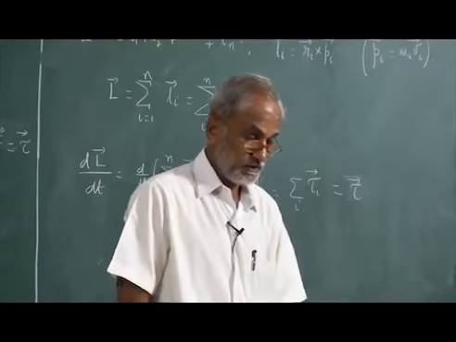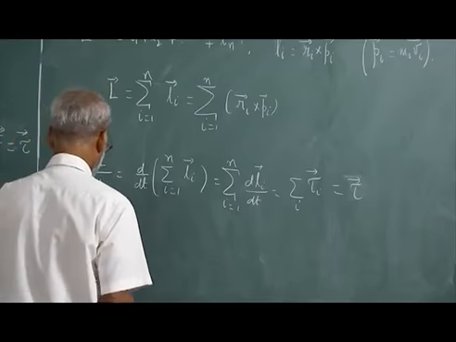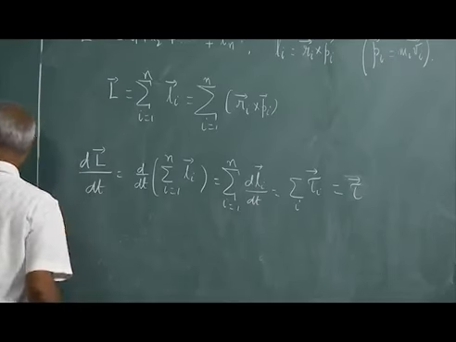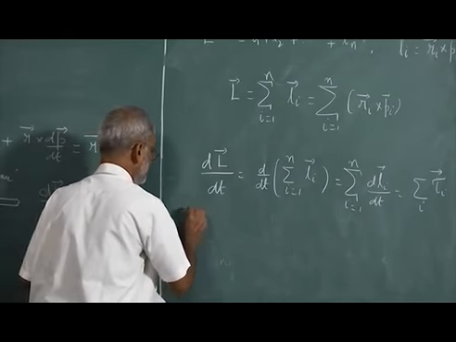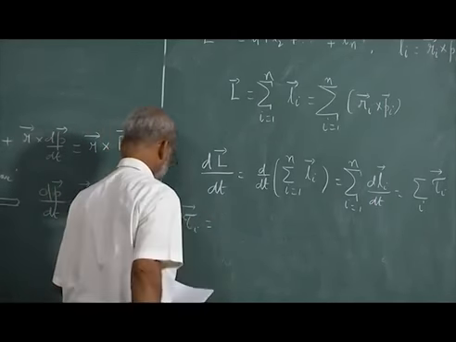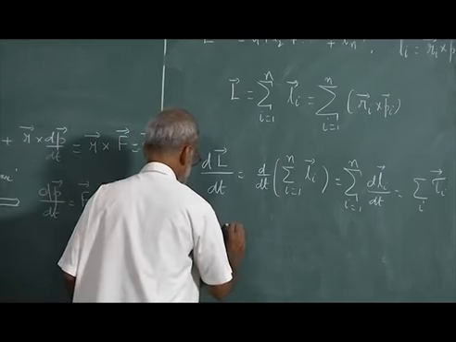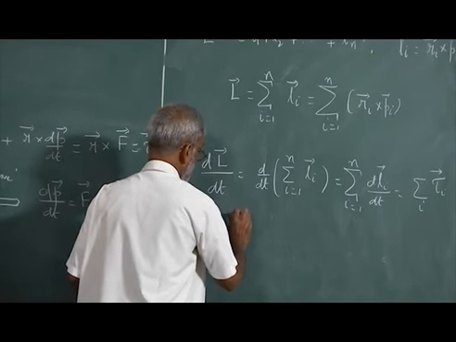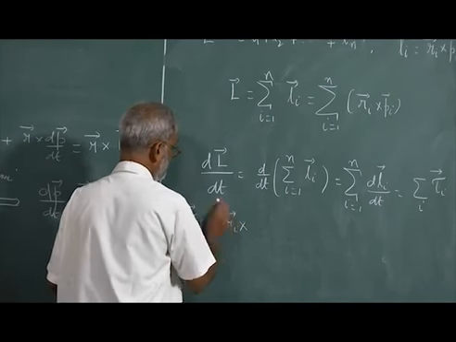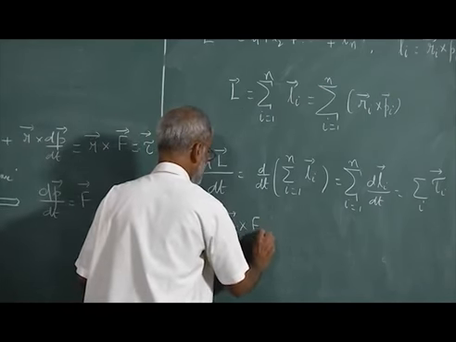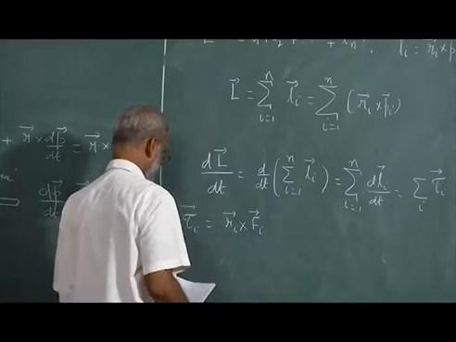Now we will consider tau_i. What is tau_i? This is the position vector of the ith particle times F_i.